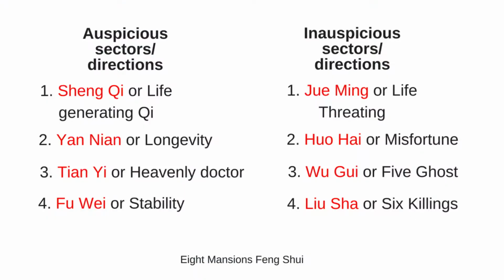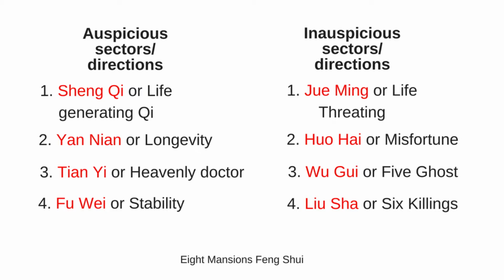When we look closely, the 4 lucky directions, they include the Sheng Qi, Nian Yan or Yan Nian, and Tian Yi and Fu Wei. That's the 4 lucky directions. And the four unlucky directions are Jue Ming, Huo Hai, Liu Sha, and Wu Gui.